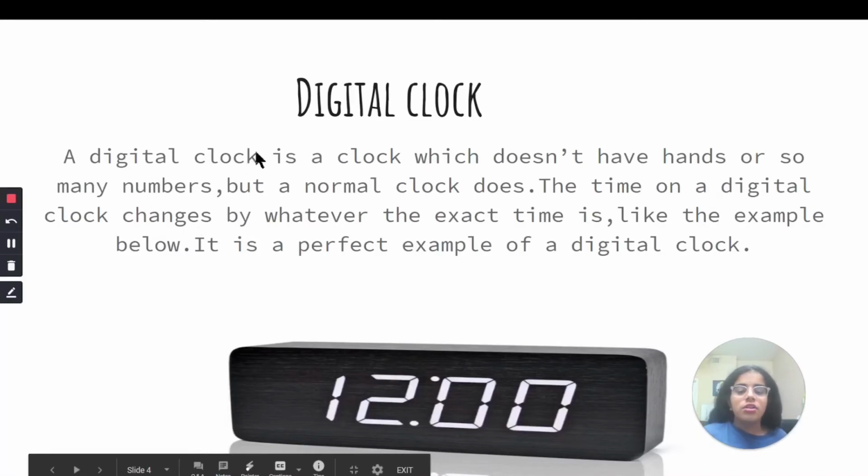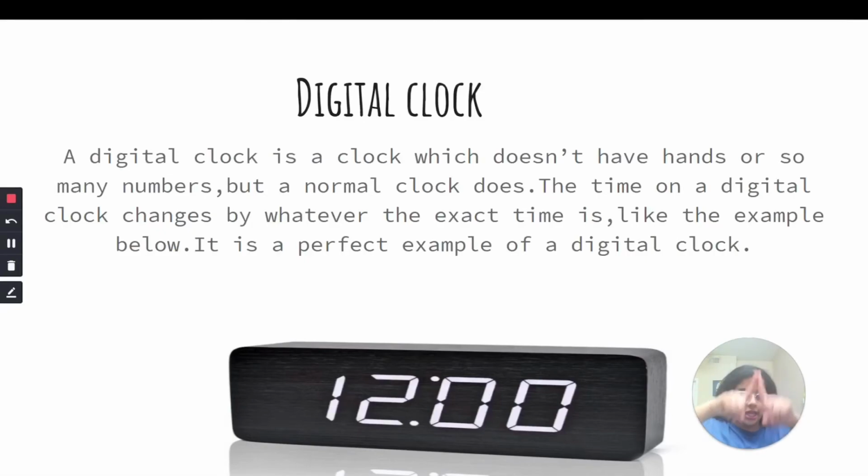A digital clock is a clock which doesn't have hands, but has many numbers. It doesn't have hands like the normal clock does, but the time on a digital clock changes by whatever the exact time is. So if the time is 4:45, then instead of having those hands up, it's just going to say 4:45.